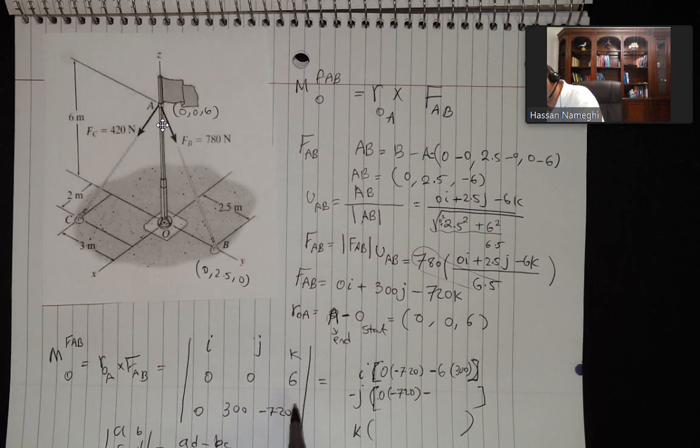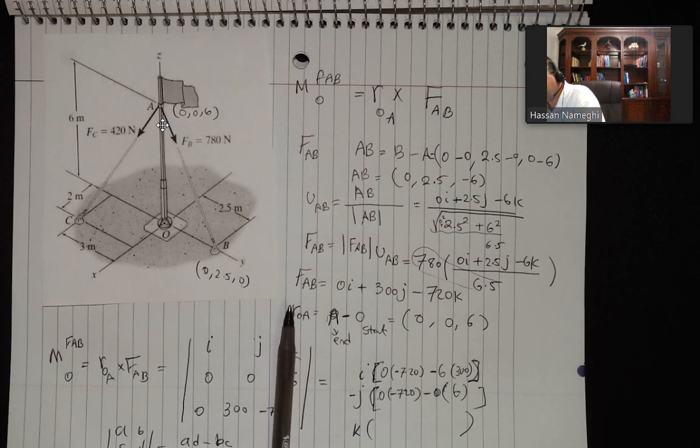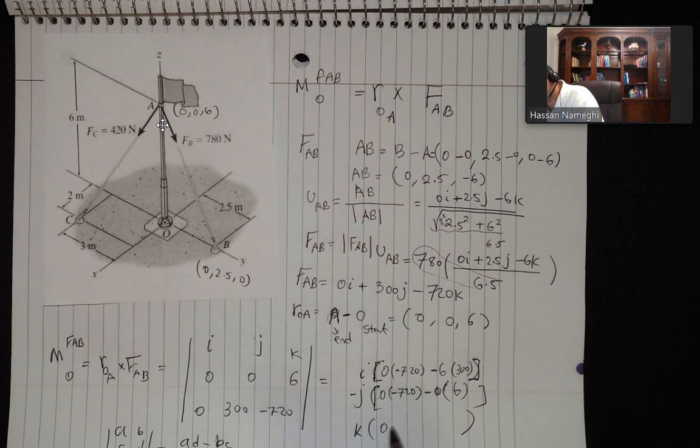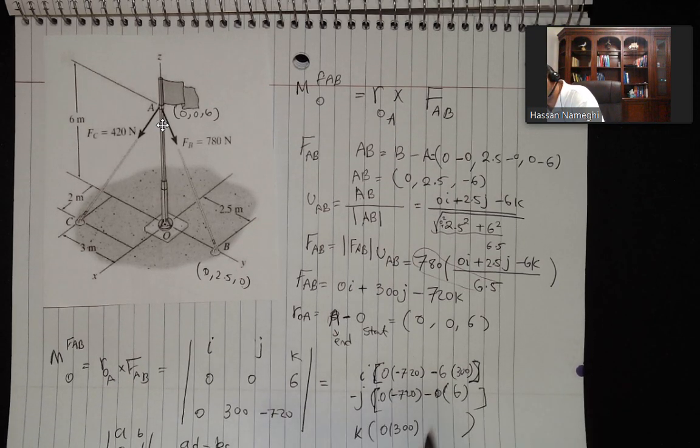And then the next one is minus another 0 down there, into 0 times 6. I'm doing the last one. In the last one you cover this. You get again 0, 0 times 300, minus 0 times 6.